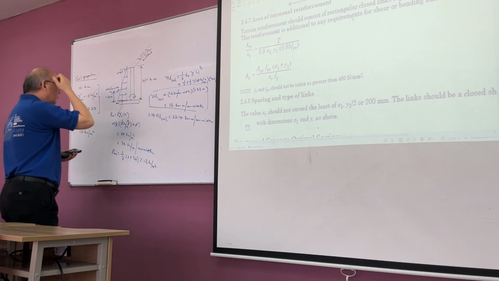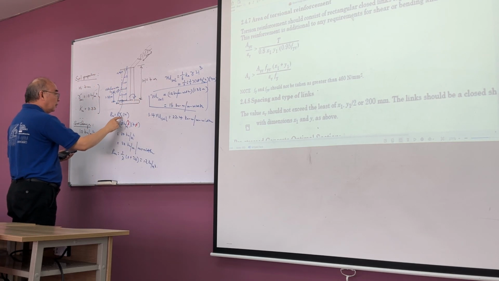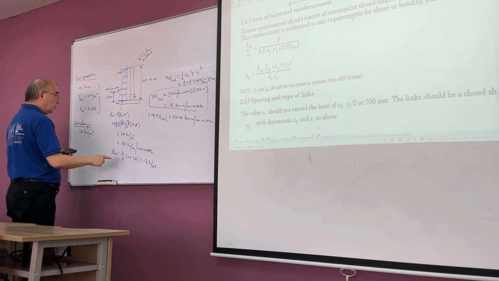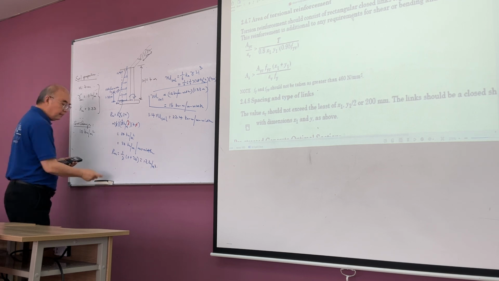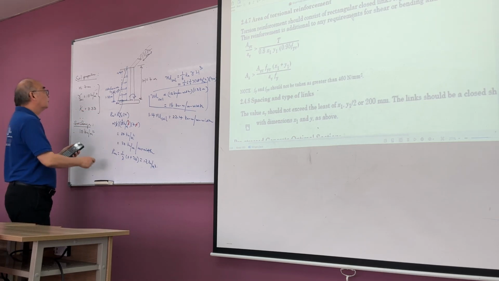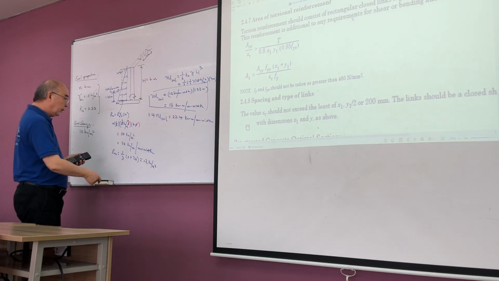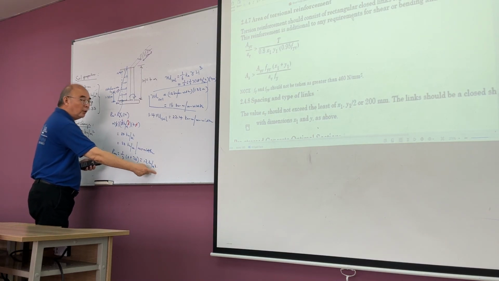Where did I go wrong? So second now. So this is gamma H. Okay, average is 12 kilonewton per meter squared, right?